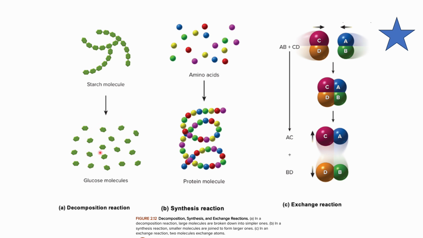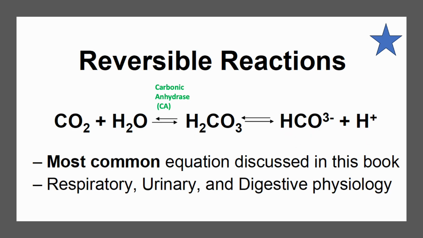This therefore would be a decomposition reaction. So if I give you an image like this, know what I am describing. We also see smaller molecules combining to give us one large one. This is a synthesis reaction. And here we see AB plus CD, an intermediate molecule, and then we have AC and BD. This is an example of an exchange reaction.